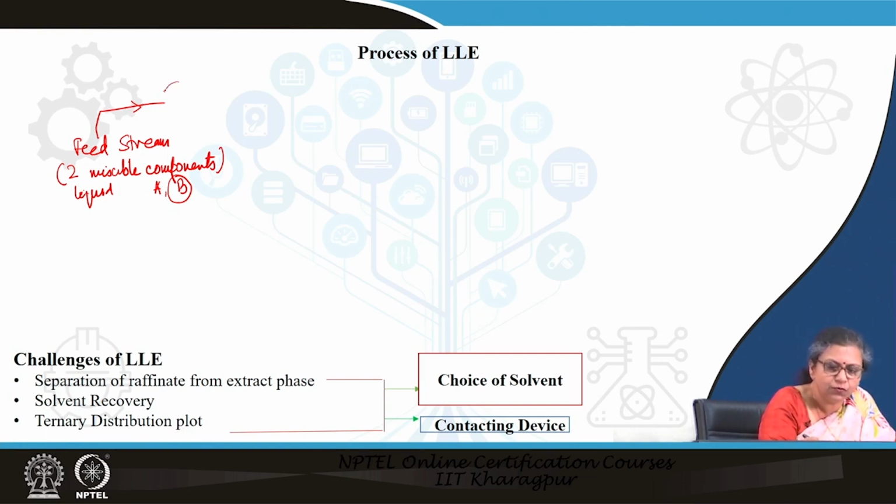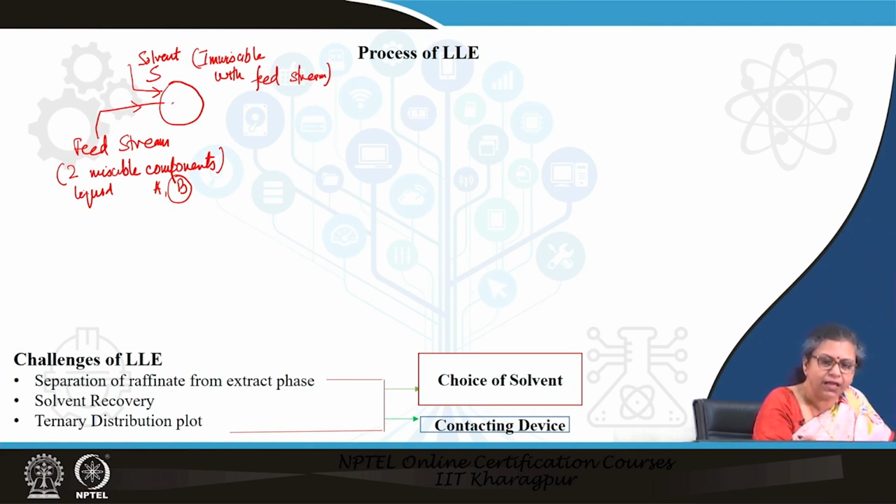What do we do? We put it in an extractor, and we add another liquid which is known as the solvent S, which is immiscible with the feed stream. This solvent S is mixed with the feed stream, and after mixing, what happens?